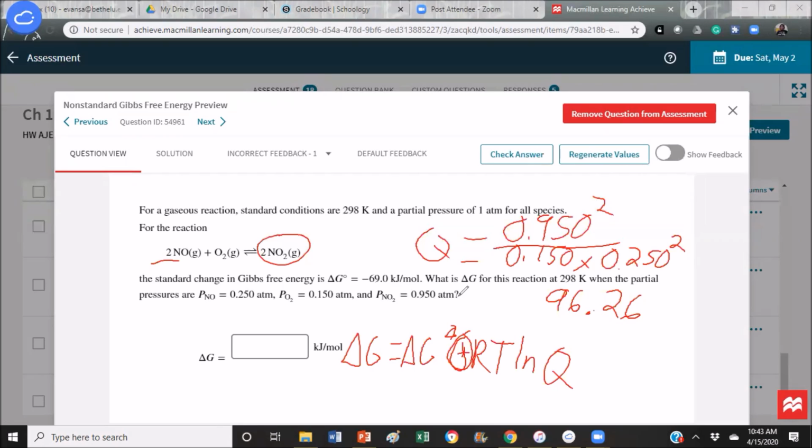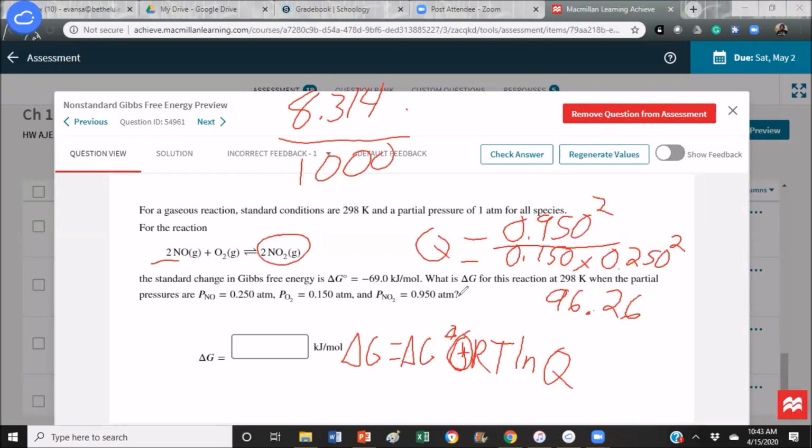So RT ln Q, I'm going to do that whole thing as one part. 8.314 times 298 divided by 1,000 times ln of 96.26. Can we go ahead and change the R to kilojoules since we do that? That's what I just did.